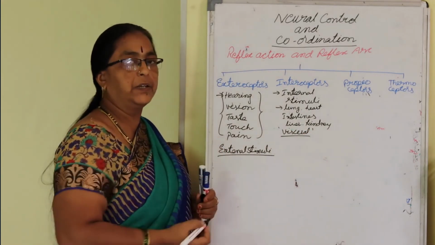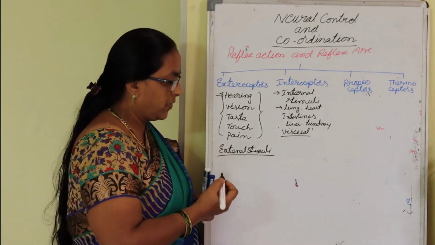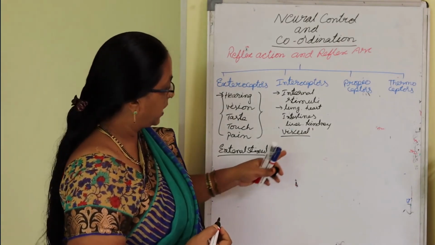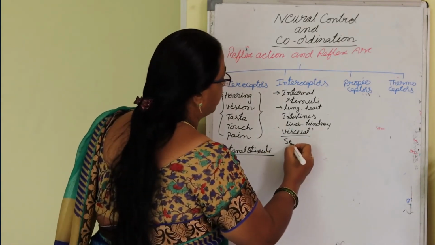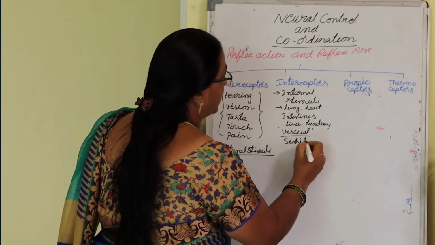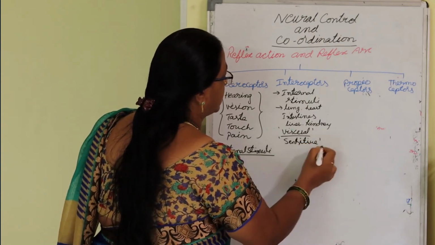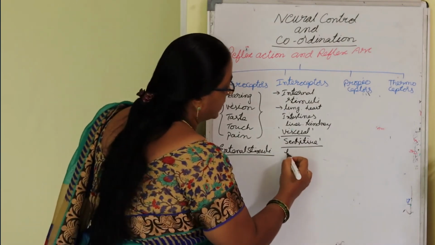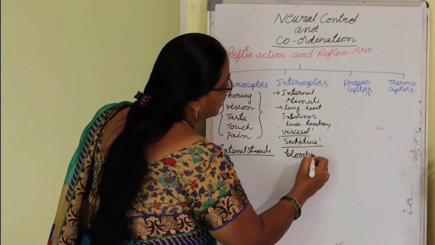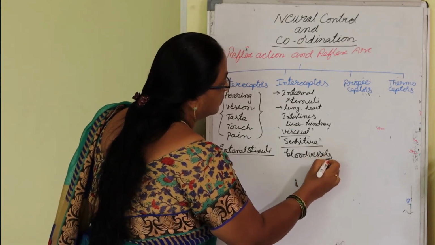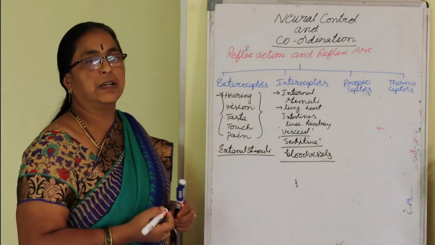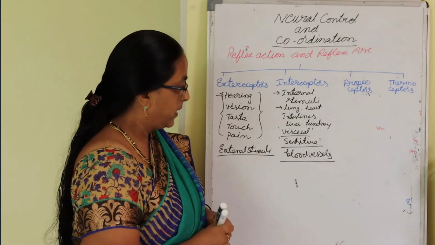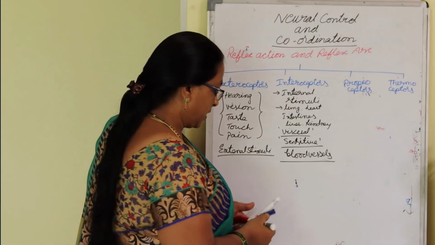That is the interoceptors. In this internal stimuli, there are sensitive receptors which give impulses to the brain. Blood vessels also come under interoceptors.